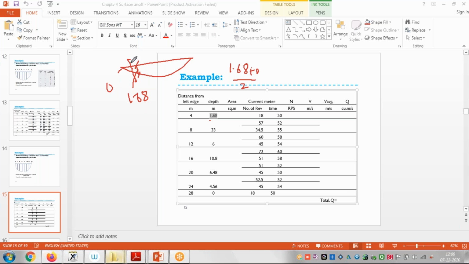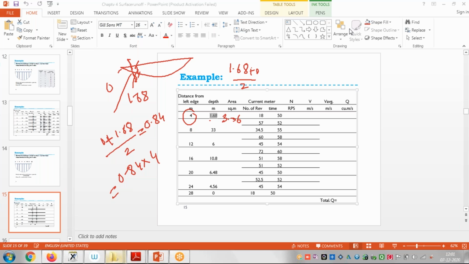Average depth means it will be somewhere here, right? So 0 plus 1.68 divided by 2, we will get 0.84. Then 0.84 will be multiplied by this breadth, that is 4. How much will we get? 0.84 multiplied by 4 is 3.36, correct. So here we will get 3.36.